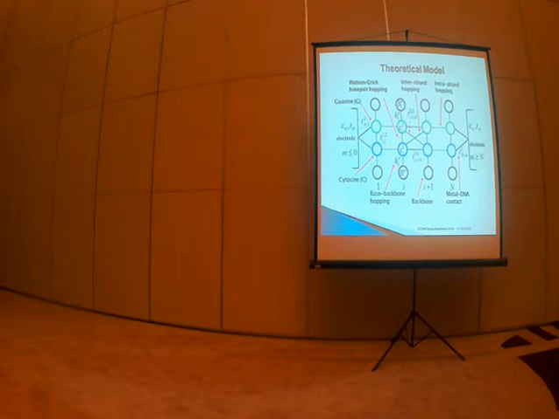But in this study, since we use poly G, poly C DNA molecule, we have only these two bases. The green circle represents the guanine base, and the blue circle the cytosine base. In each base, we assume there is only one state.